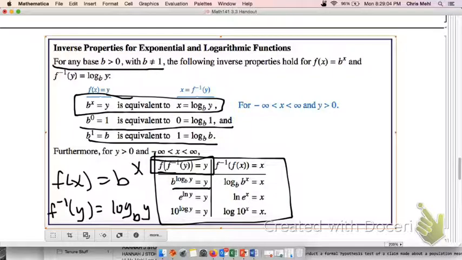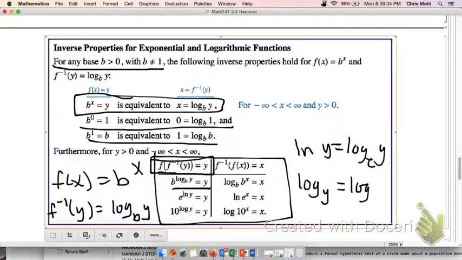Similarly, e to the natural log of y equals y, because ln of y is log base e of y. And 10 to the log of y equals y, because log of y equals log base 10 of y.